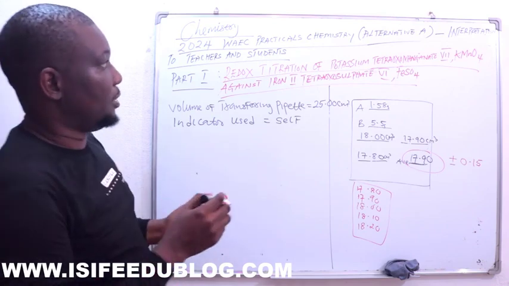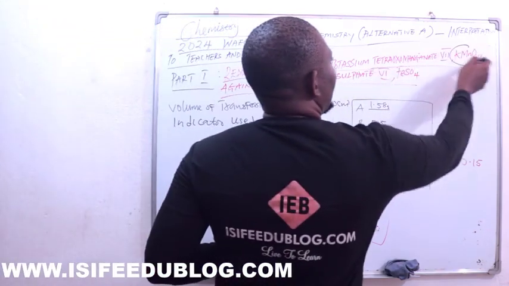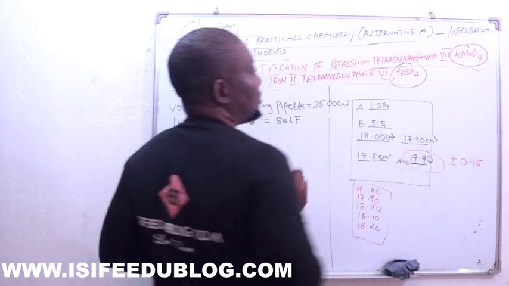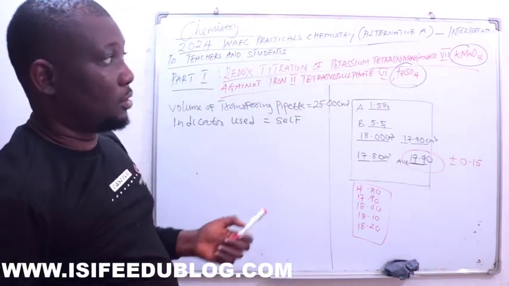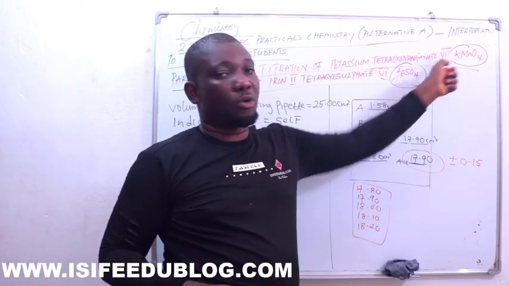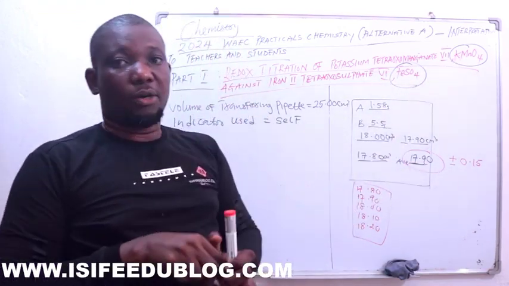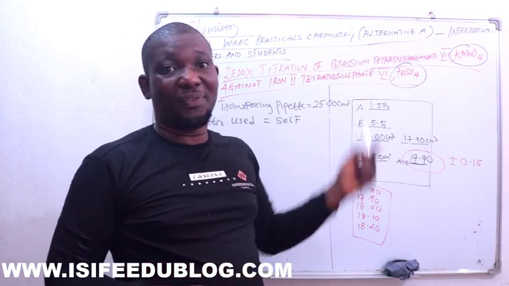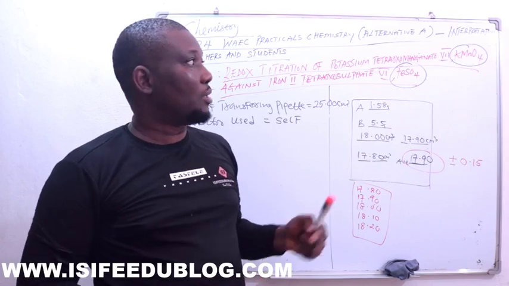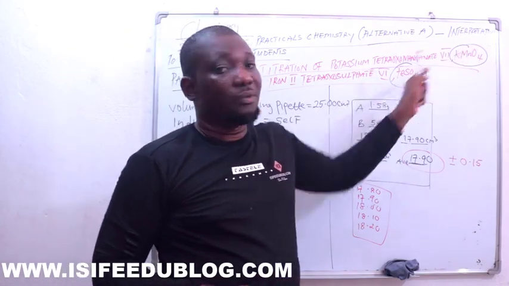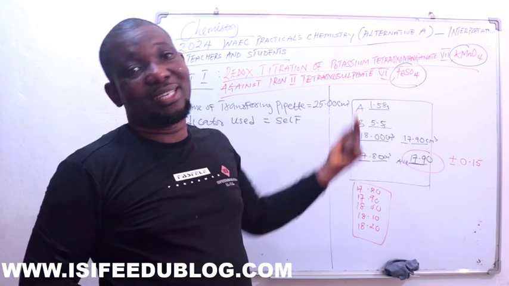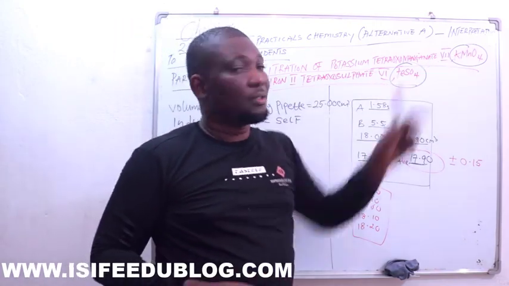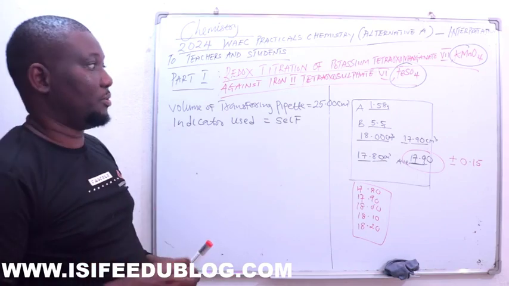We are titrating this with this. And it looks like the two compounds are not very stable, so they cannot have a fixed concentration. So actually, one of them has to be standardized, so as to give it a fixed concentration.